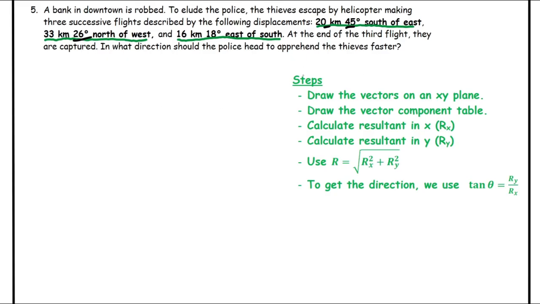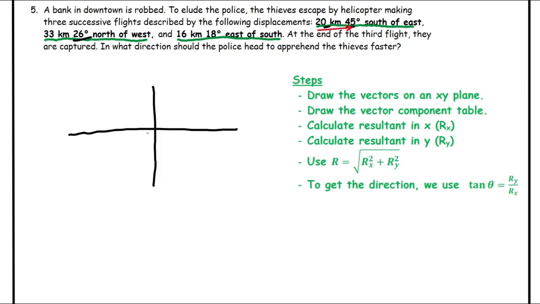So now that we know we're looking for the resultant, the steps that we have to follow in solving this question are as follows. The first is to draw these vectors on an XY plane. So let's draw an XY plane. Now we put all these vectors, starting with the first one, 20 kilometers, 45 degrees south of east.